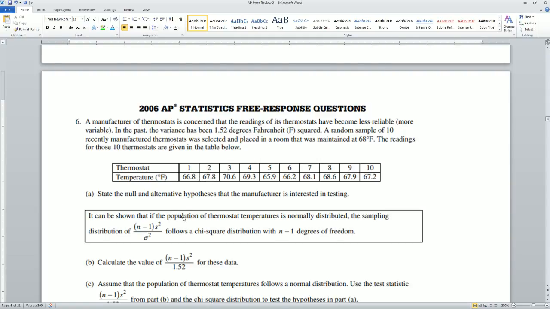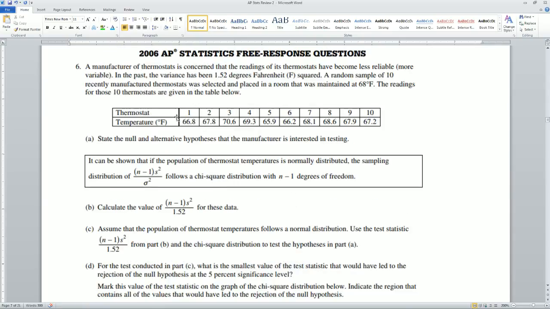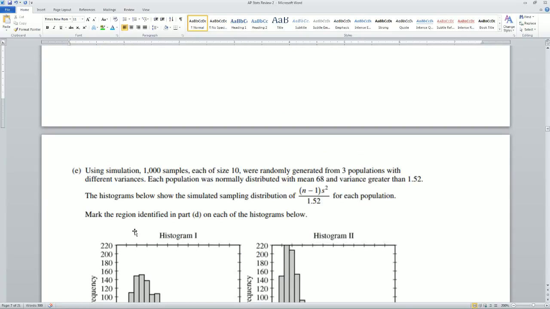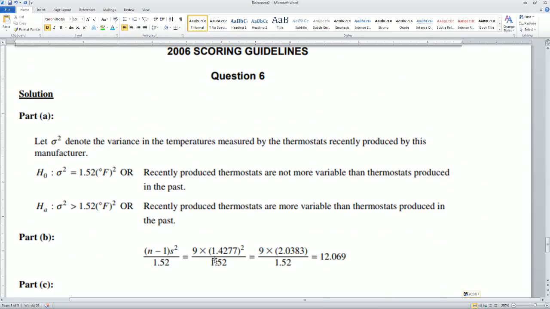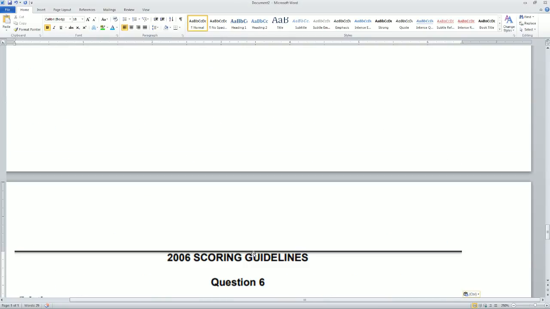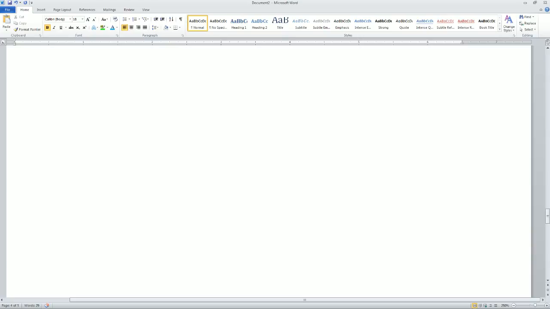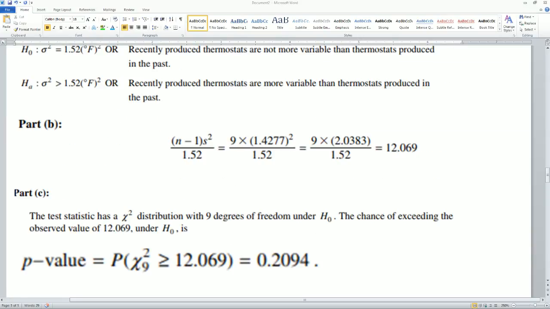You could do it if you want. It's the same answer, and then you could decide if you're going to reject it or not. Good? So do you see how the chi-square is sort of asked on the FRQ now? Are you getting a better understanding?